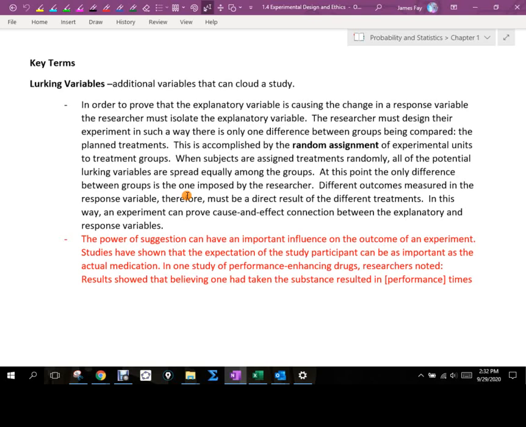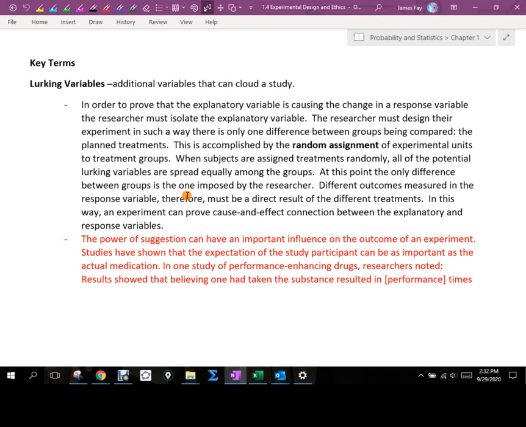So we don't like lurking variables, and the way that we can remove lurking variables is to do randomization, okay? Let's think about this class. In a population, you have people that are really healthy, people that are not healthy, people that exercise, people that don't exercise, people that have underlying diseases.